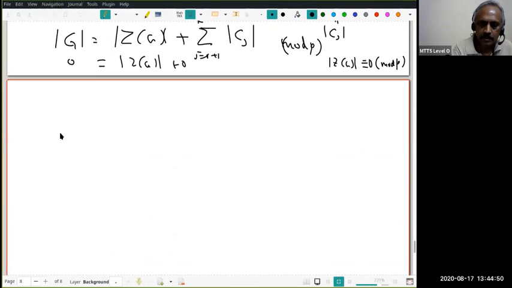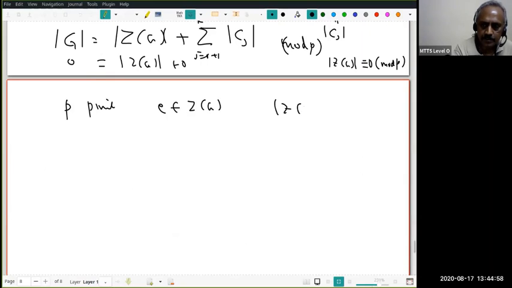Now, since p is a prime, and E always belongs to ZG, mod Z of G must have at least 2 elements. You remove E, then it should have at least one extra element.